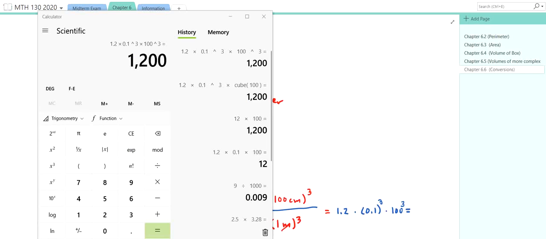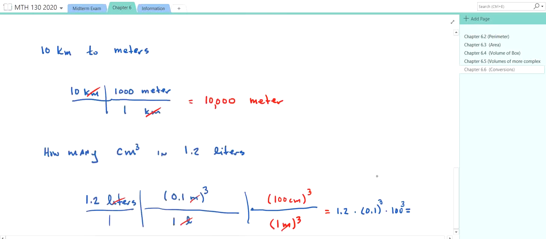Yes, I had to actually add the cubes over here. So it's 1.2 times 0.1 cubed times 100 cubed. If I do the math here, this turns out to be 1200 centimeters cubed.